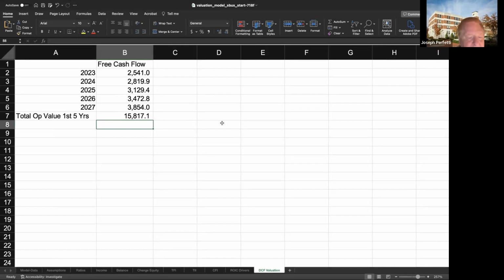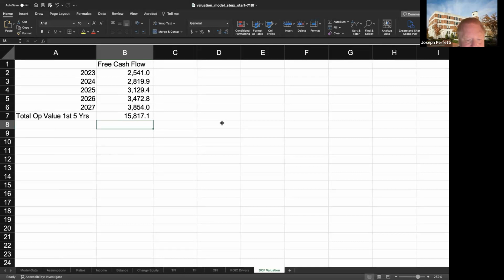That's how much cash flow we're generating in the next 5 years. 15,817,000,000 operating cash flow. Right now, problem with that is it's not present valued.